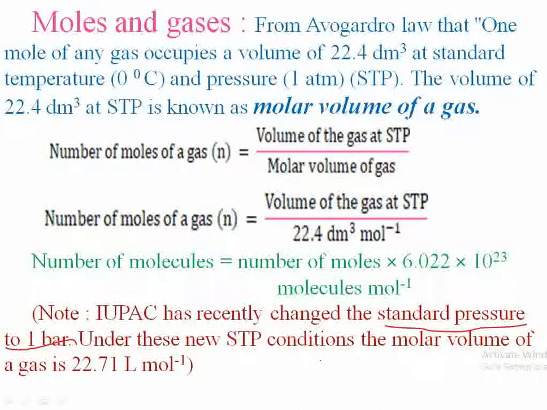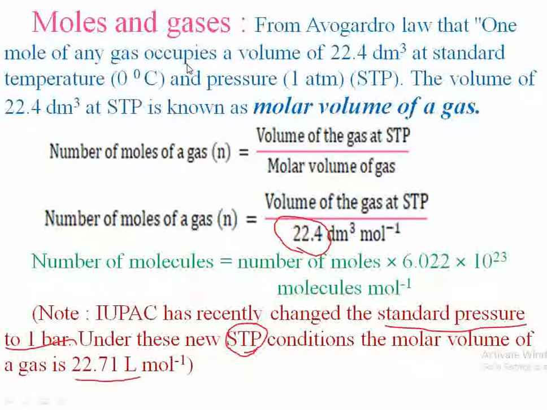Under the new standard temperature and pressure conditions, the molar volume of the gas is 22.71 liters per mole. Under the older standard conditions it is 22.4 dm³ per mole, and according to 1 bar pressure it is 22.71 liters per mole.